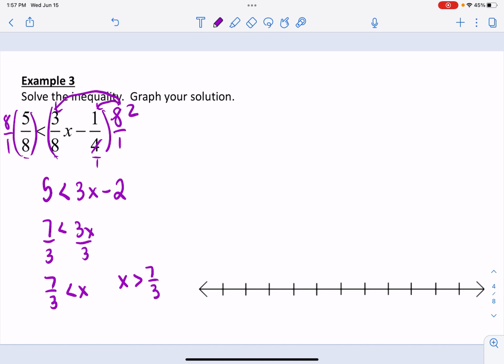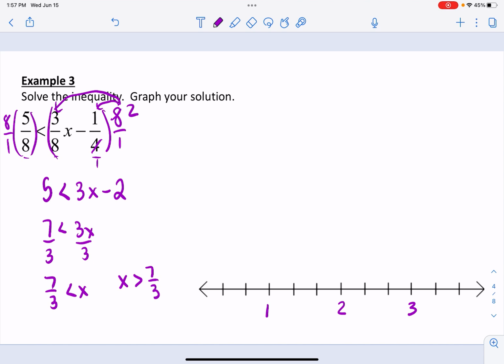So 7/3. Ooh, 7/3. That is 2 1/3. So I'm going to do a 2. I'm going to do 1, 2, 3. So I have my scale set up. They don't have to go by integers, people.